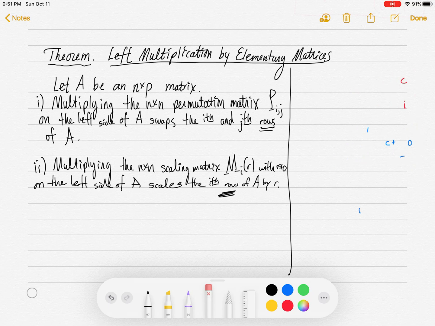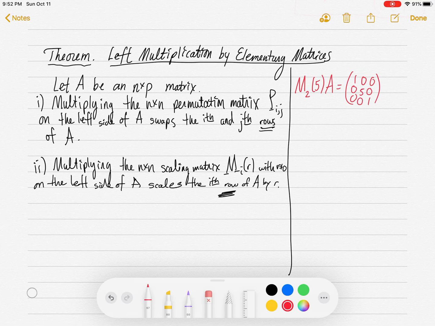Okay, can we do an example of that? Yeah, over here I'm going to do an example on the side. Okay, here we go. Let's say we take M sub 2 of 5 multiplied by a matrix A. For M sub 2 of 5, you start off with the identity, and then you multiply the second row of the identity by 5.